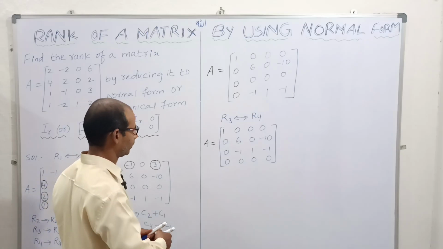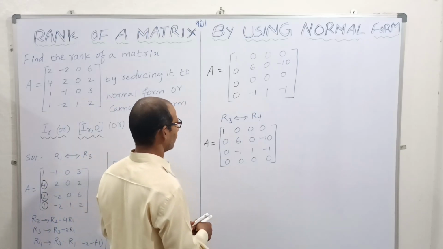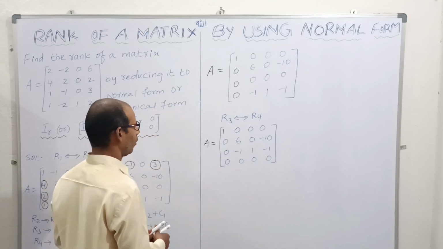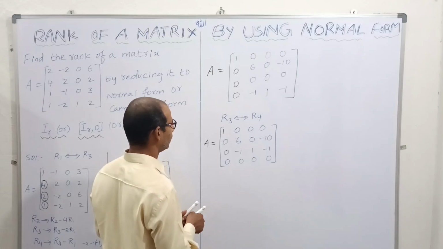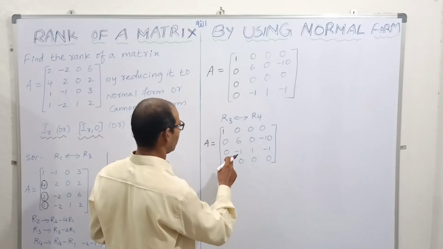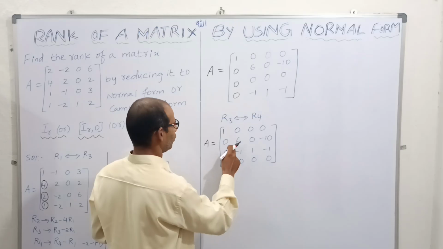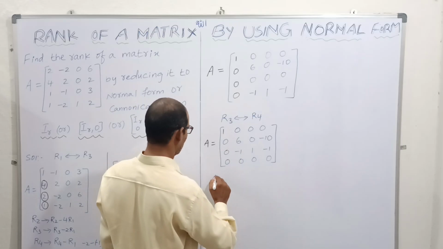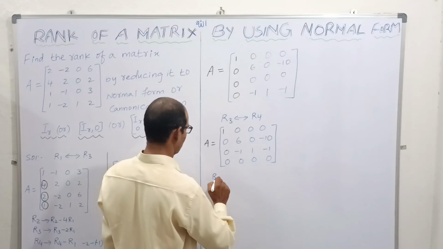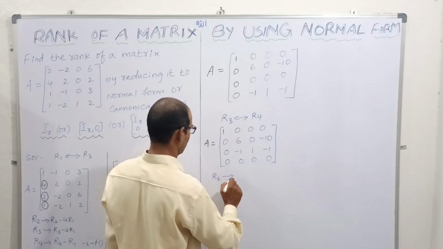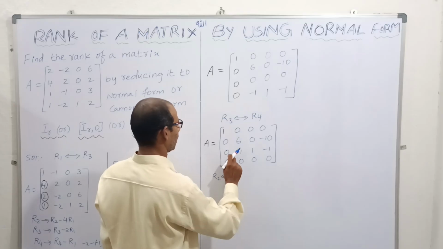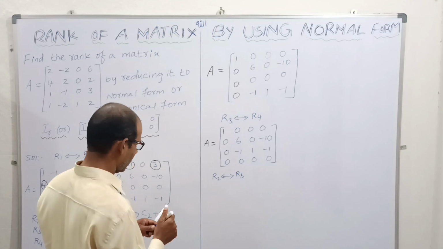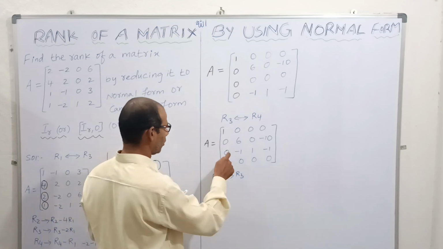So now what we will do is we will move this row to the up. So R2 is interchanged with R3. R2 is interchanged with R3. So we are just interchanging the row 2 with row 3 and row 3 with row 2.